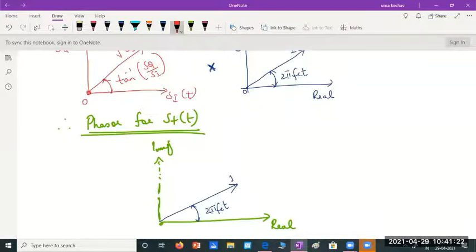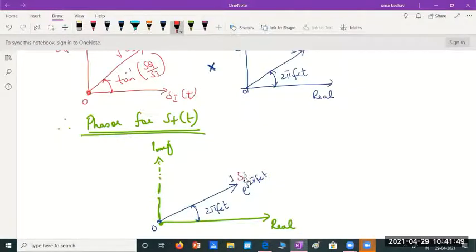This is the phasor for e power j2 pi fct. This will rotate about the origin, right? And it has made an angle 2 pi fct with the real axis. Now I'll bring this and overlap it on this. So this will become what?